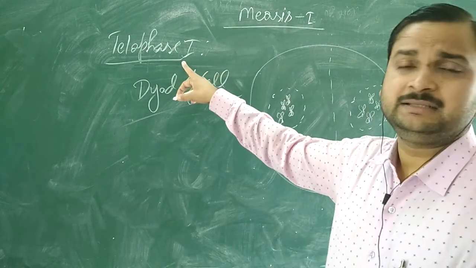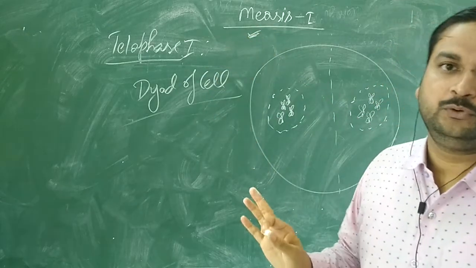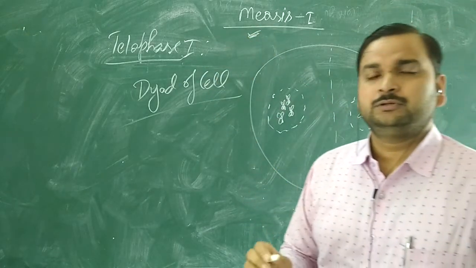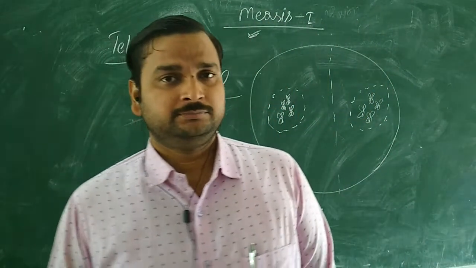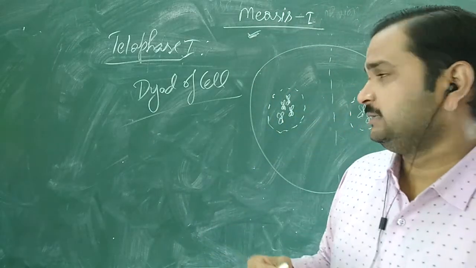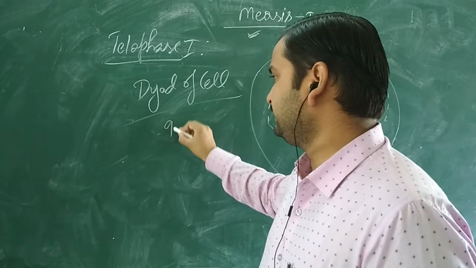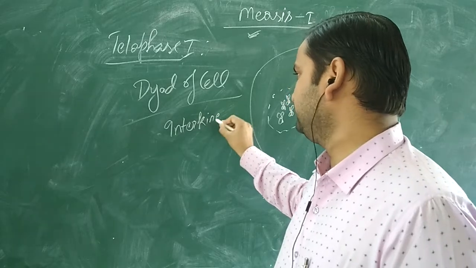Then by this telophase first we can say meiosis first will also be over. But if you remember, I told you, immediately after meiosis first, meiosis second will not start. There will be a small time gap between meiosis first and meiosis second, that is called interkinesis.